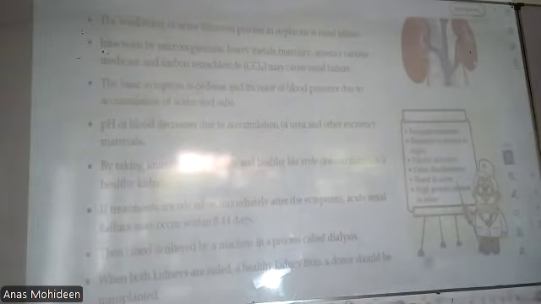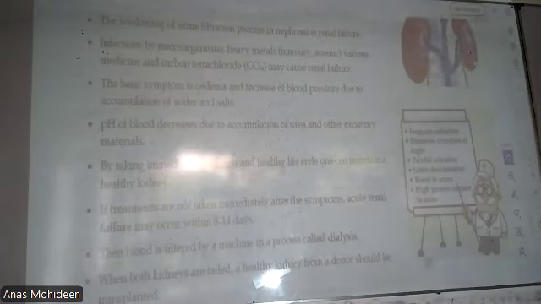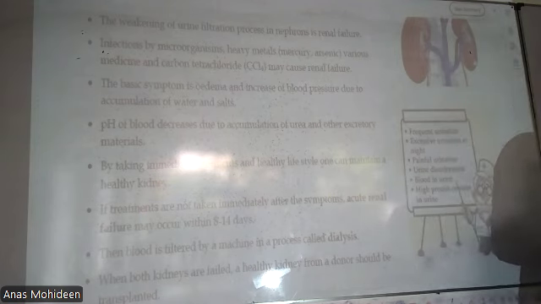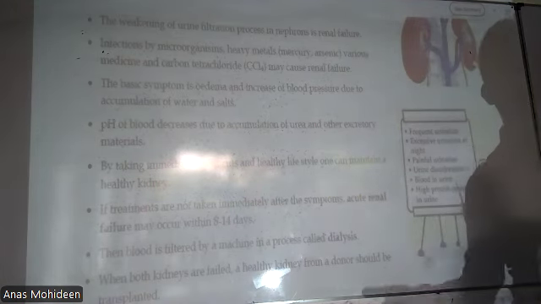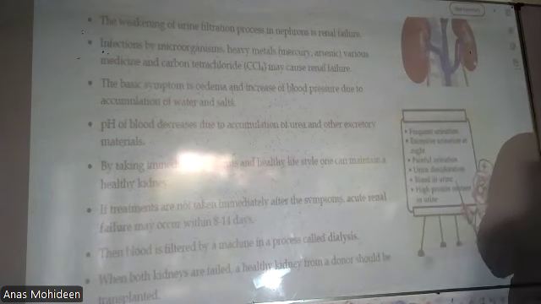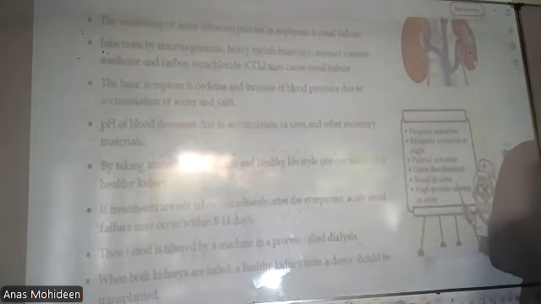The other way is through a relationship: father, mother, son, daughter, like this. They give willingly, voluntarily. The person who gets the kidney might be living, while the person who gives might be dead. Anything may happen. We can't assure.